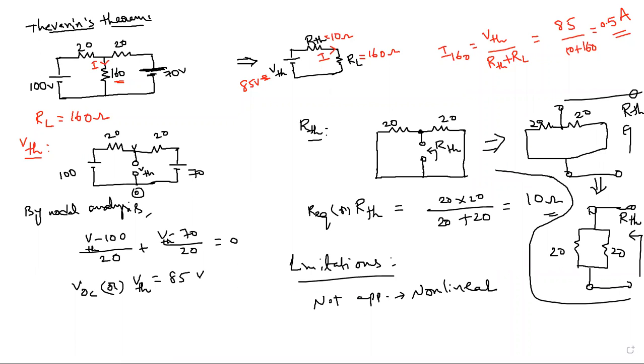By using Thevenin's theorem, find the current in the 6 ohm resistor for the circuit shown below.